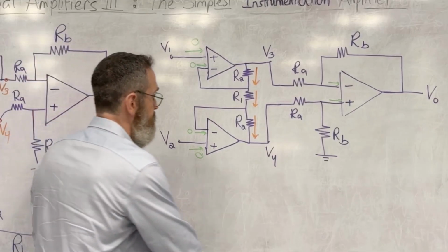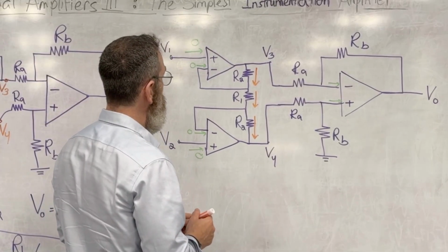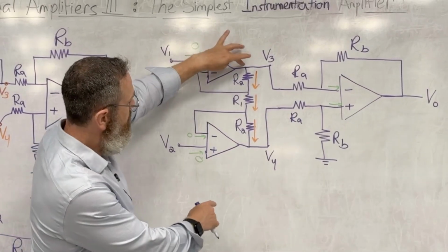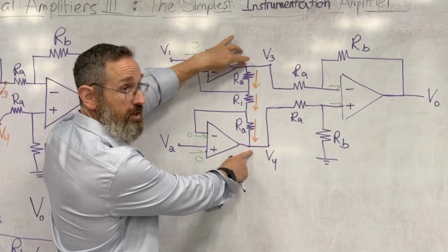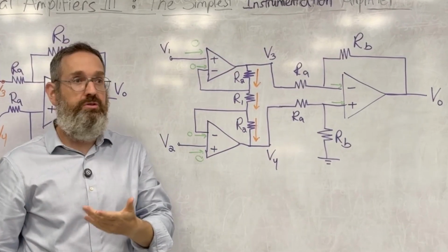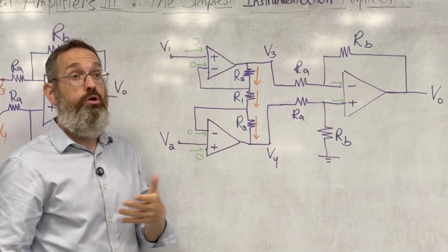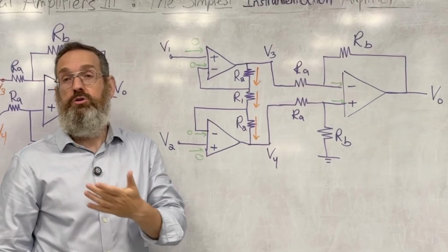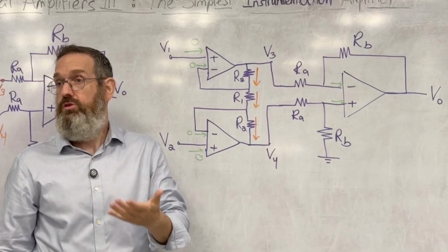Okay. I'm first going to do Ohm's law from here to here. And I can do that by combining these resistors using our rule of resistors in series, right? Using an R equivalent. And as we described, when we say R equivalent, we mean R equivalent from the perspective of Ohm's law.